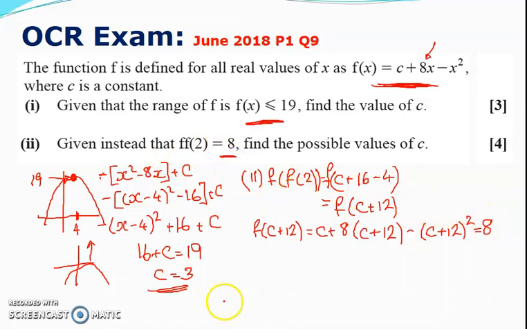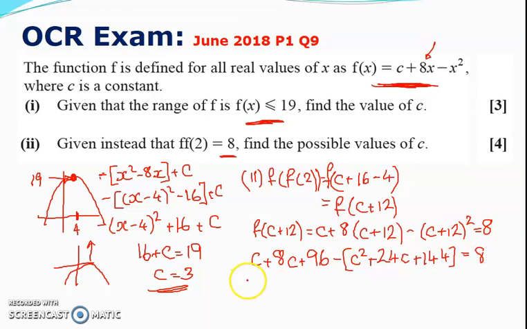It's getting a bit complicated, but it's not too bad. It's c plus 8c plus 96 minus, let's multiply this out, (c squared plus 24c plus 144), notice I've put the square bracket around, so I'm not worried about signs just yet, equals 8. Let's tidy this up.